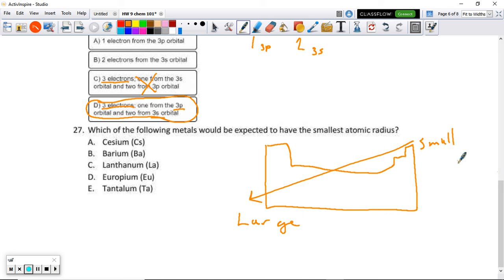So the smallest element on the periodic table is going to be helium, and the largest would be francium. So we need to compare where they're located. Which one would be expected to have the smallest of the choices that we have? Ta, tantalum is the smallest based off of that rule.